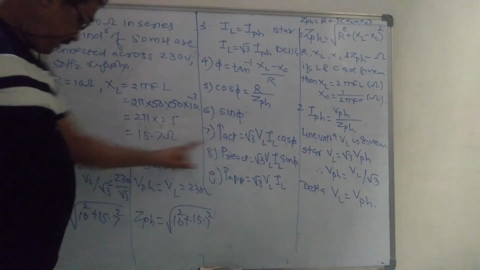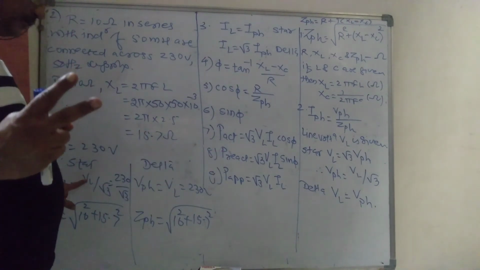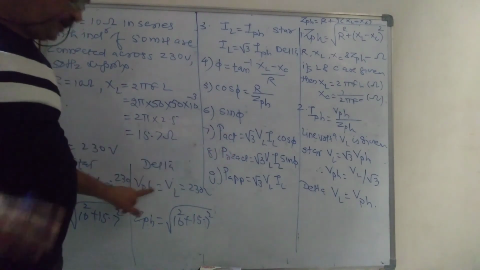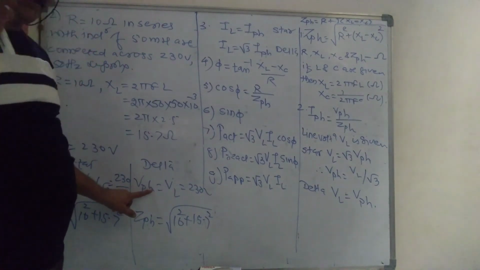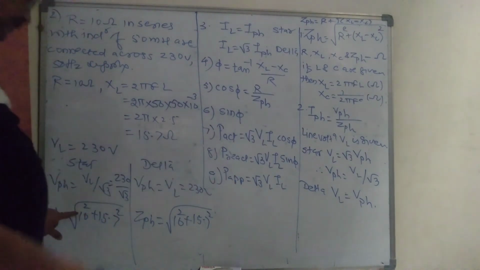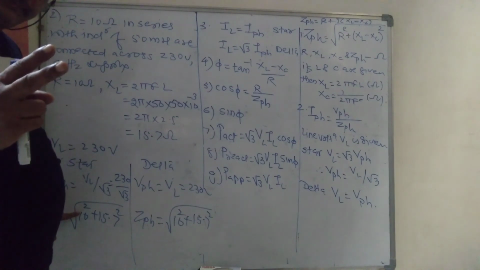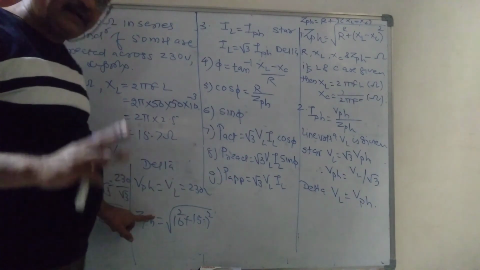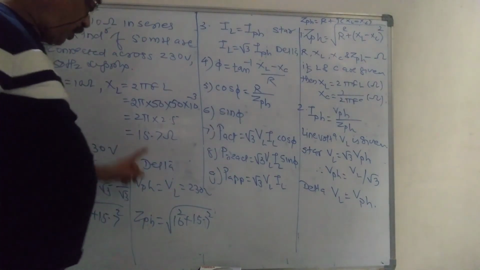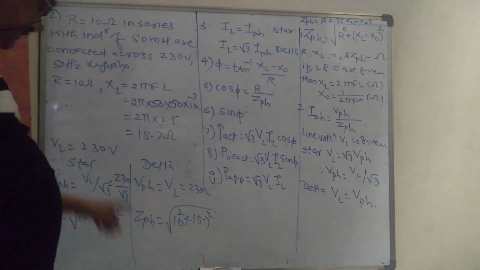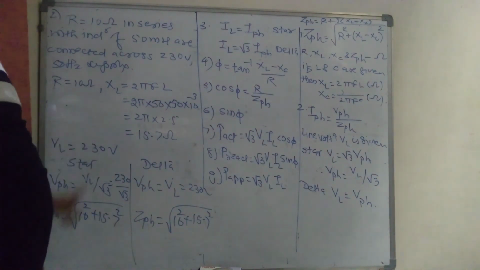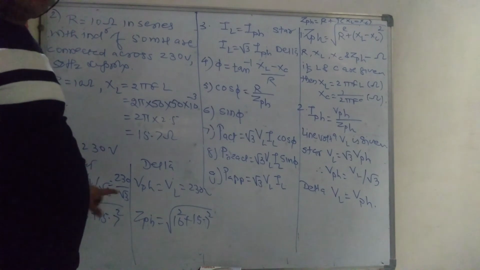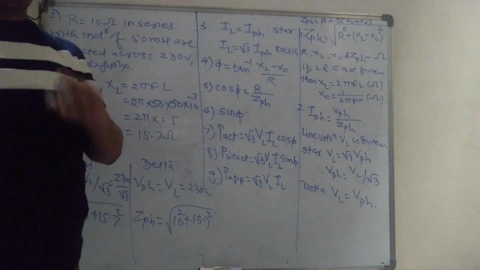If reactive power in star is 2 watt, then reactive power in delta is 2 into 3, 6 watt, 3 times. If apparent power in star is 3 watts, then apparent power in delta will be 9 watts. All the powers in delta are 3 times power in star. That is a check whether we have solved the numerical properly or not.